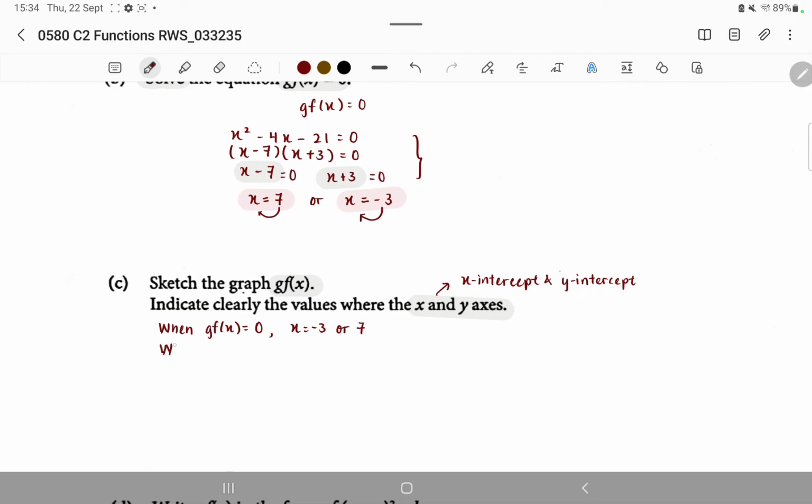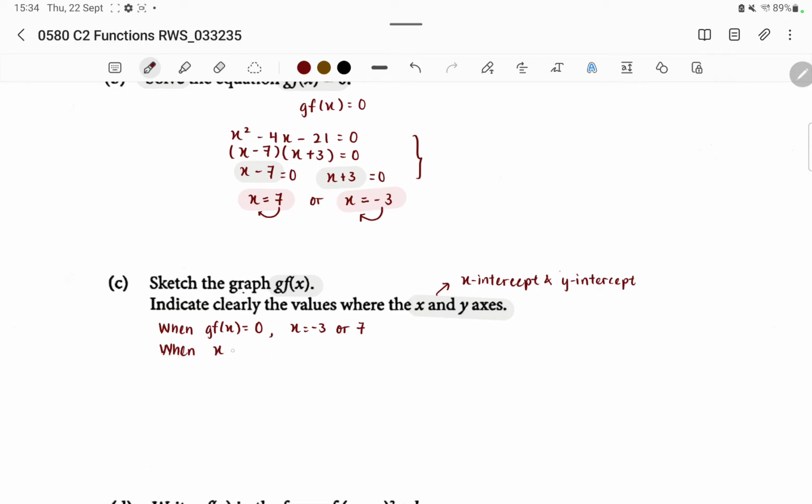But when x equals 0, g(x) equals 0 squared minus 4 times 0 minus 21. This one you should get negative 21.